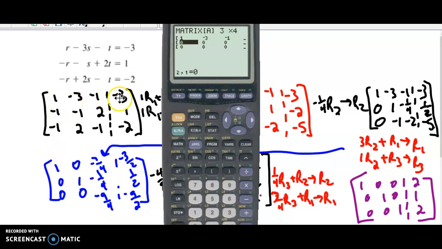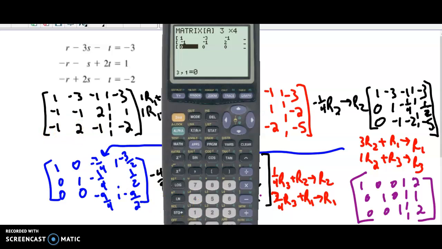I just entered the first row. Notice the black rectangle went down to the second row. We'll enter that. -1, enter. -1, enter. 2 and 1. The biggest mistake I usually make is I enter things wrong, so I'm just being extra careful.